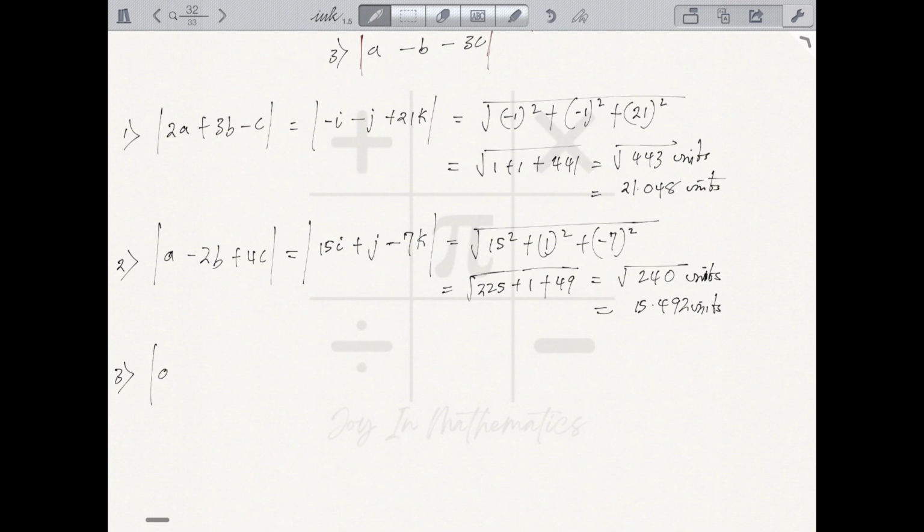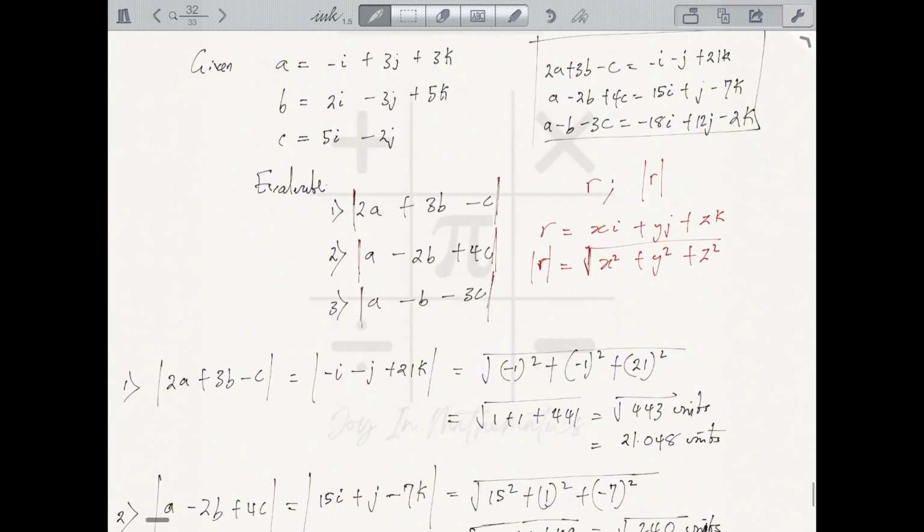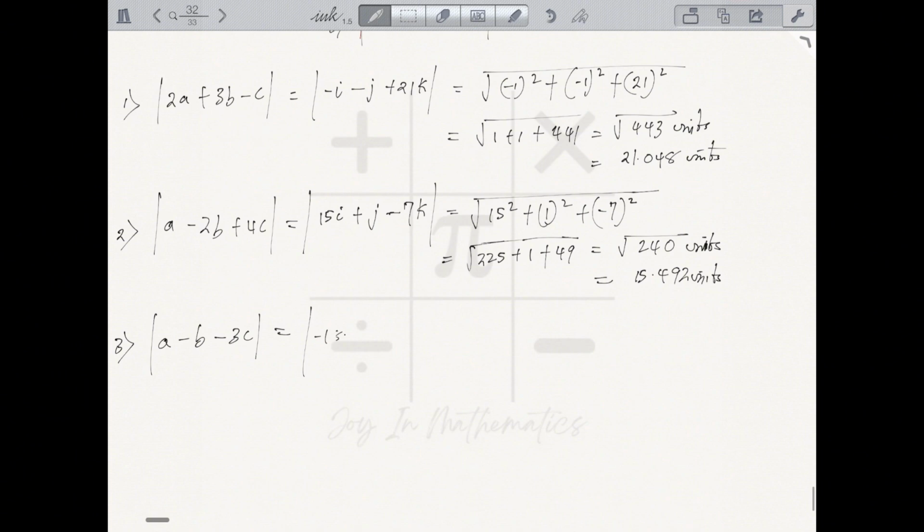And finally, let's solve the magnitude of question 3, which is the magnitude of a minus b plus 3c. The result of a minus b plus 3c is given as minus 18i plus 12j minus 2k, and this will result into the square root of minus 18 squared plus 12 squared plus minus 2 squared, because it is the square root of the sum of the individual squares.